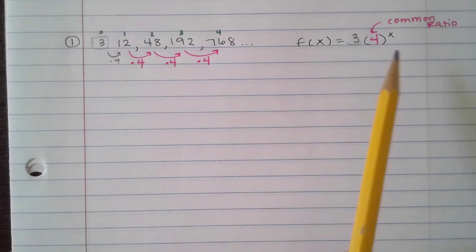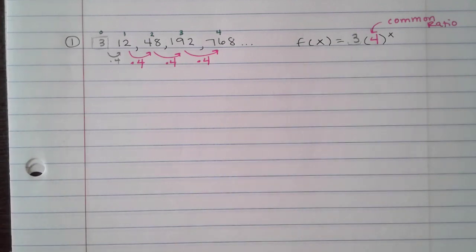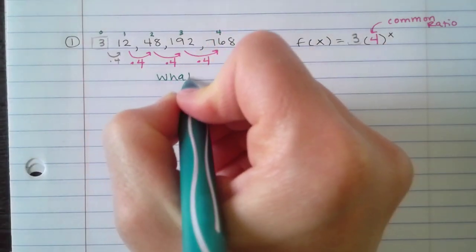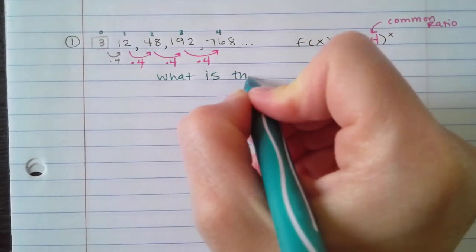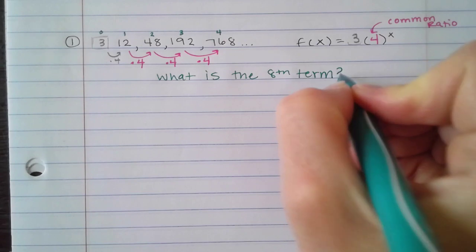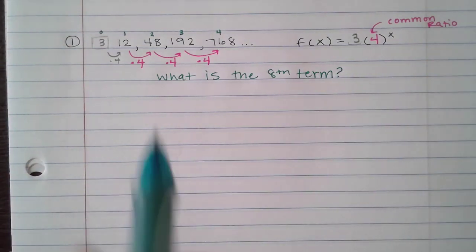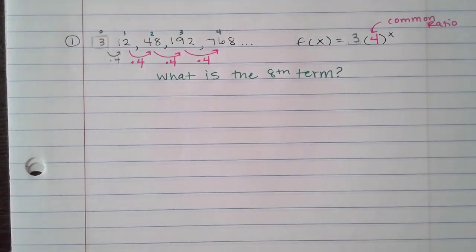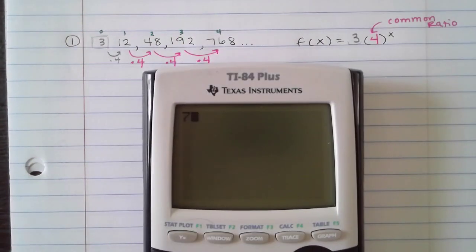You're all done in terms of writing the function, but there's one more thing I could ask you, and this is what I'm going to ask you. What is the 8th term? If this is the first term, and this is the second term, and this is the third term, and that's the fourth term, well, I could take the fourth term, multiply by 4 to get the 5th term, multiply by 4, 6th term, multiply by 4, 7th term, multiply by 4, 8th term.